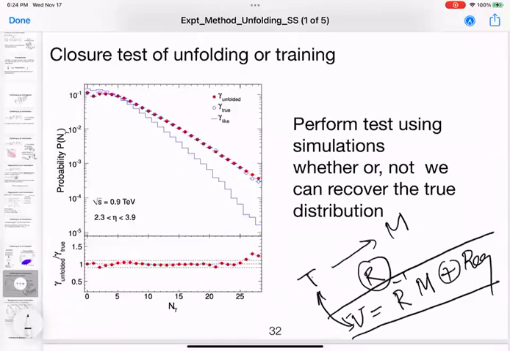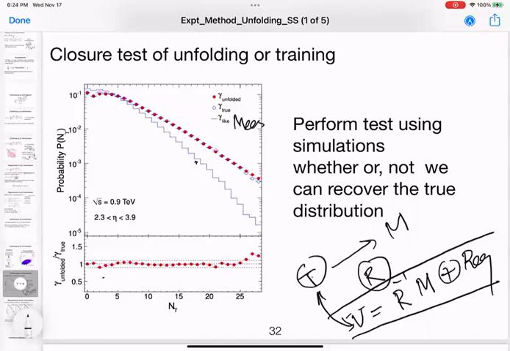In the top panel, if you see here, these open circles are the true distribution. And these lines, what we call gamma light, this is our measured distribution. And then we apply the inverse of the response matrix with some regularization on this measured distribution. And then we get back the true distribution, which is called the unfolded distribution, shown by these solid red circles. In the bottom panel, we took the ratio to see how close it is.